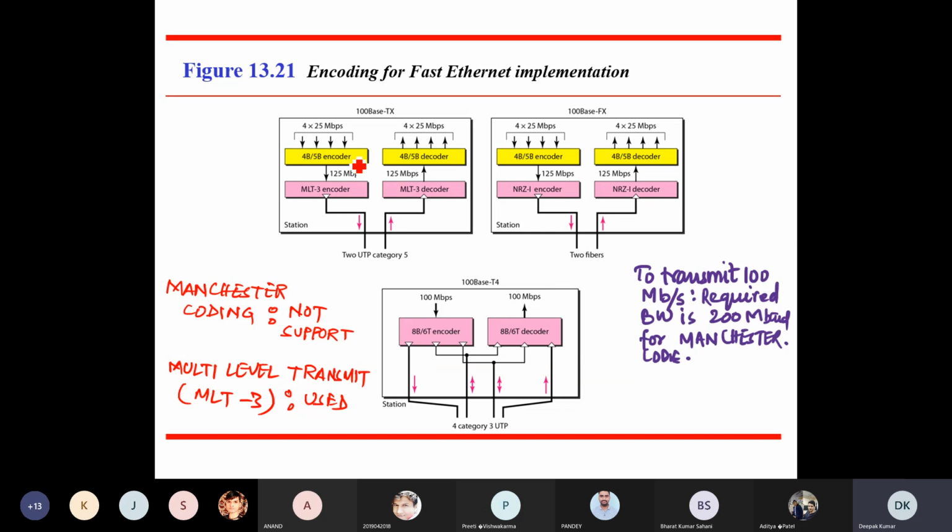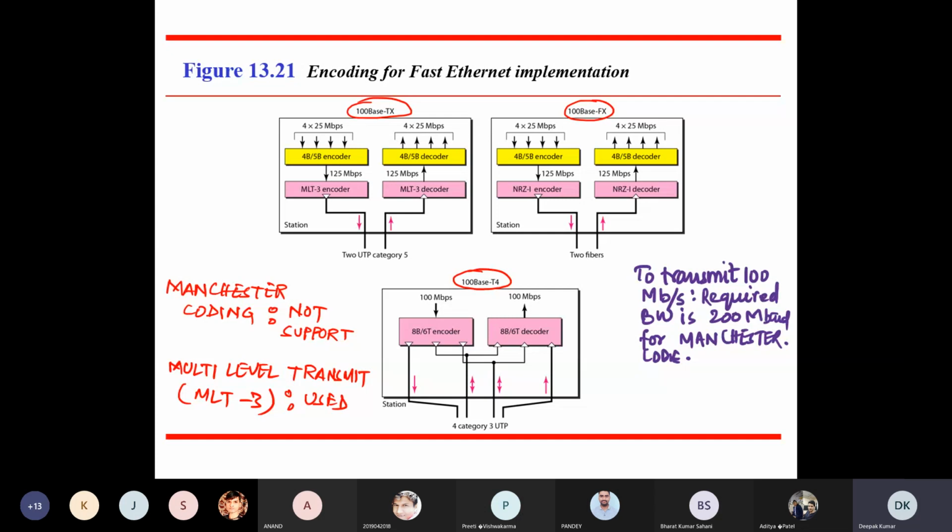And for 100 base TX, 100 base FX, and 100 base T4, all these types of implementation, there will be a separate coding technique which supports this type of method.